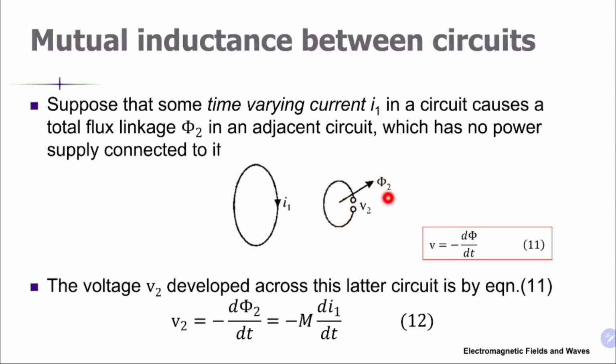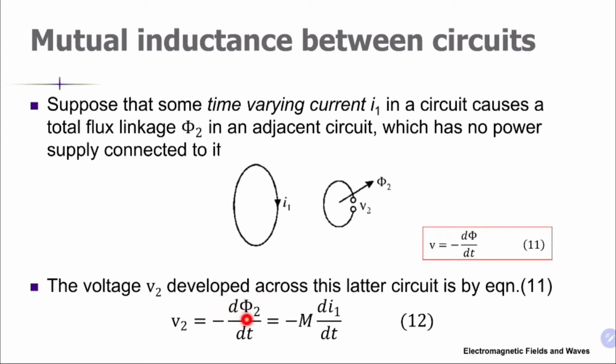We call that phi 2. And if this flux changes with time, then we have a voltage developed across circuit 2. We have a V2. So V equals minus d phi by dt. If phi changes with time, then d phi by dt will be finite, and then we have a voltage developed.